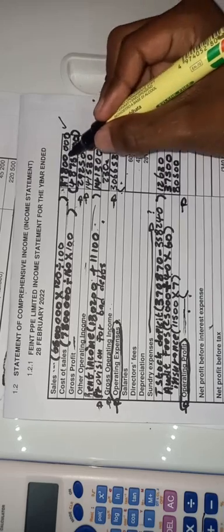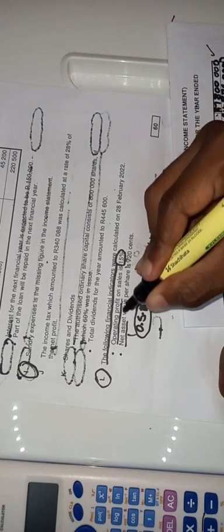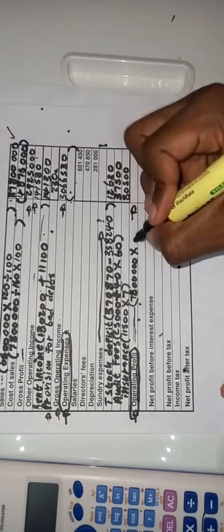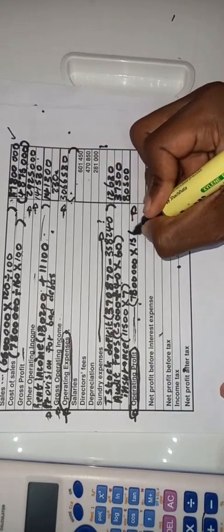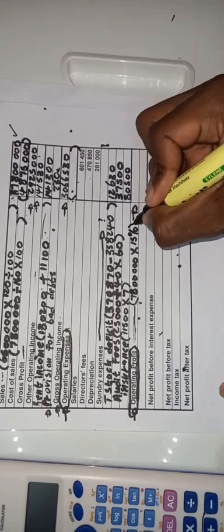Here is how we get it. We take the sales amount, 7,800,000, times 15%, since operating profit on sales is 15%. So you take your sales times 15 over 100, which is 15%.